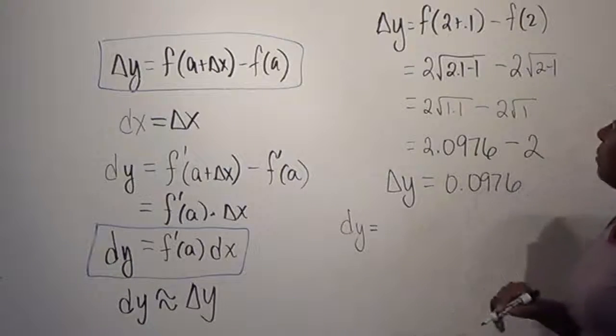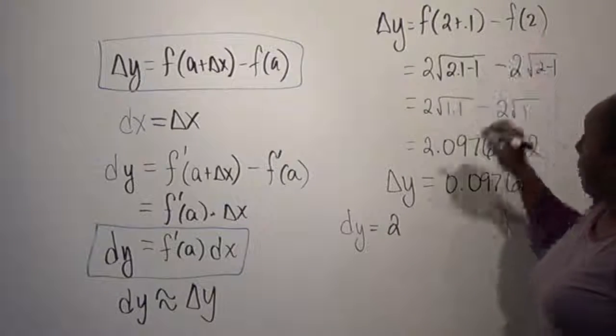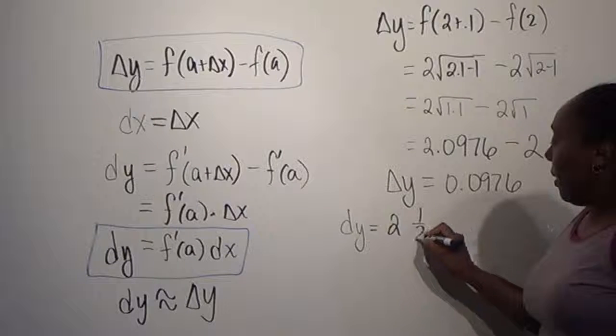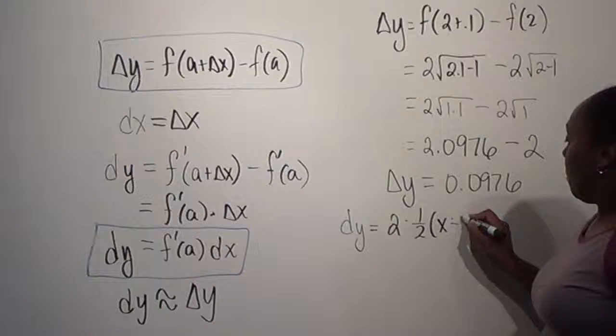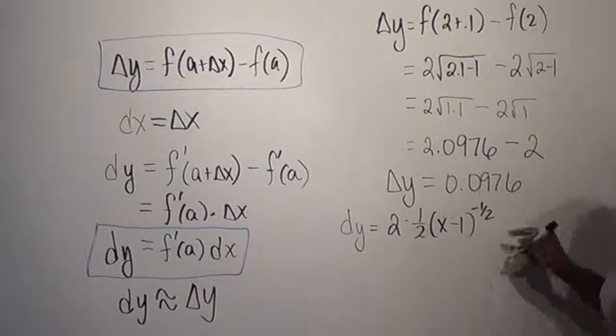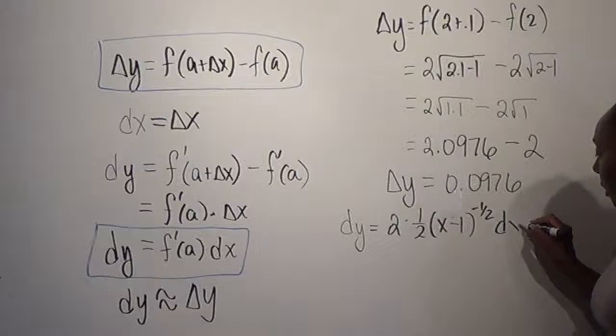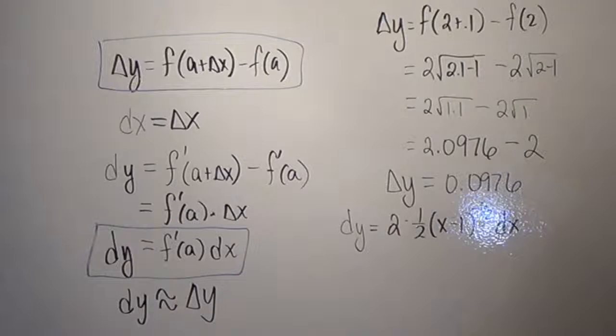So here, taking our derivative, we get 2 times the square root, so 1/2 (x minus 1) to the negative 1/2 times 1, using our chain rule there. Again, we need to attach on the dx.